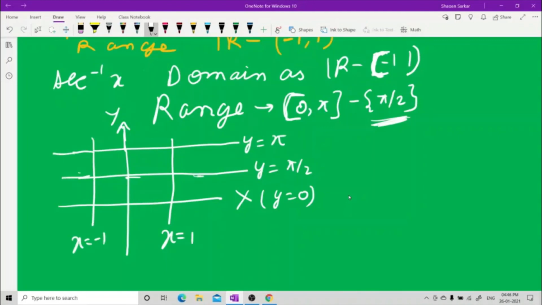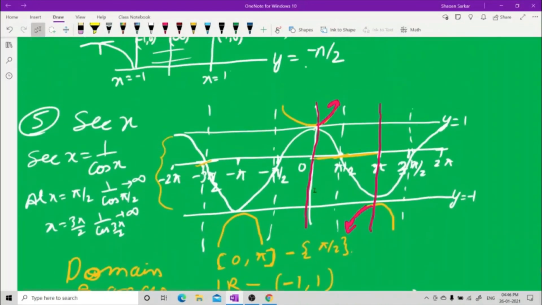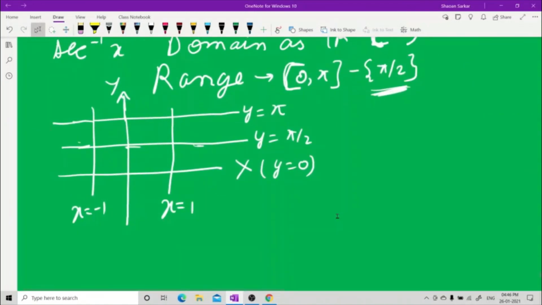So now your graph would be, this portion of the graph I'm talking about would go here on this side, and the other portion would come in this side. This is the sec inverse graph.